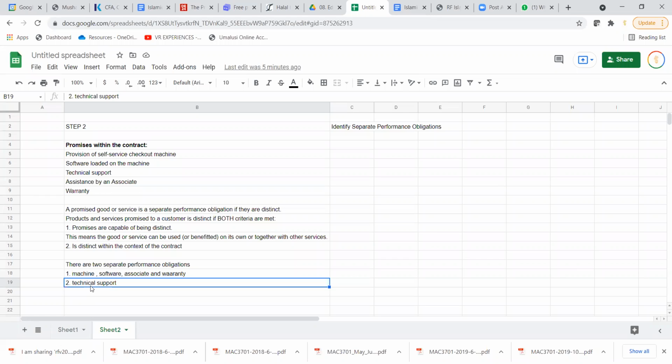So remember, for technical support, it meets point number one because it's capable of being distinct.